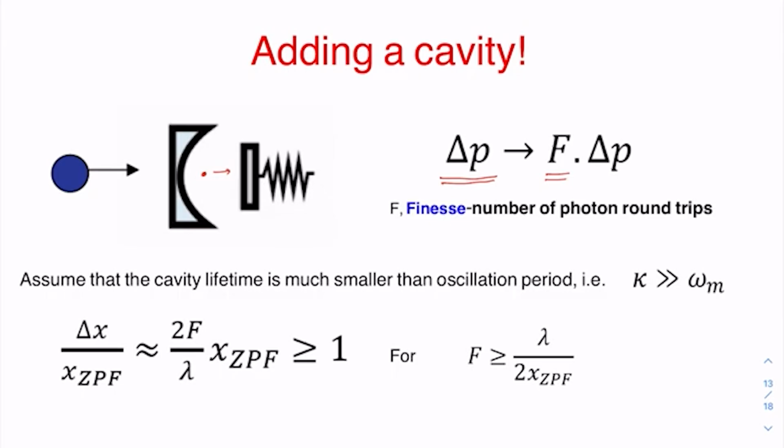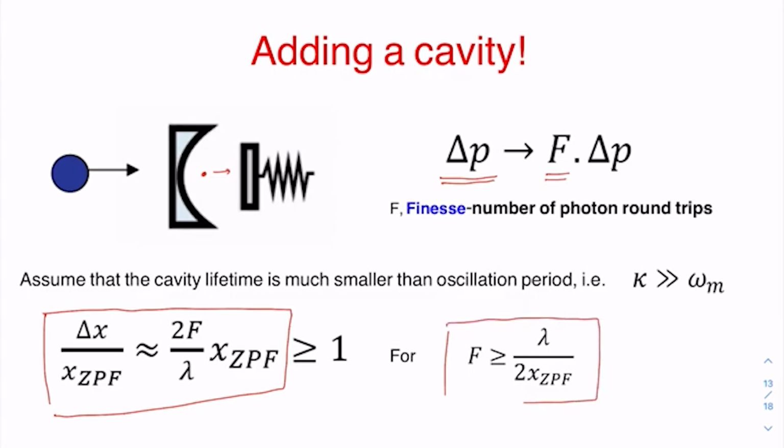So if the cavity lifetime is smaller than the mechanical oscillation period, then it can be shown that this ratio would be given by this particular formula. And it turns out that this displacement of the movable mirror would be greater than the zero-point fluctuation, provided the finesse is greater than or equal to lambda by 2 times twice the displacement due to the zero-point fluctuation.